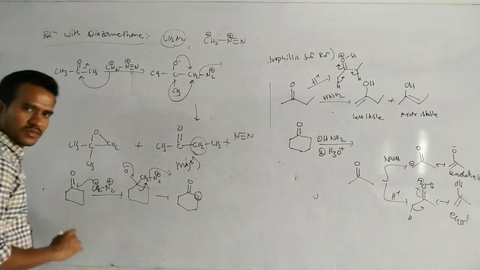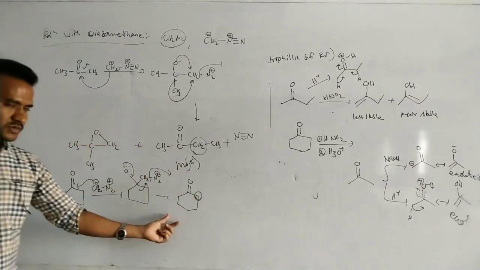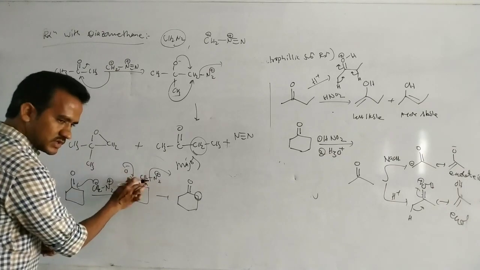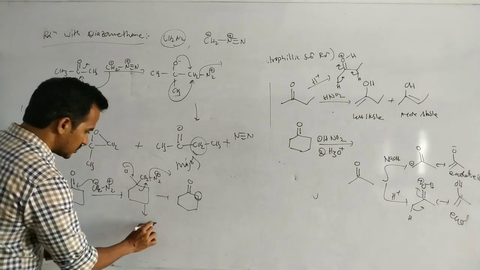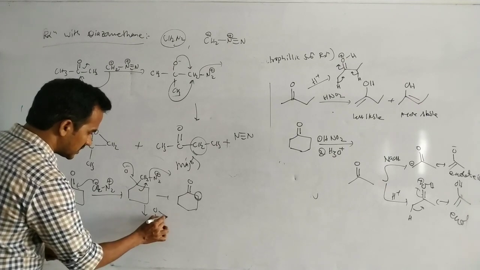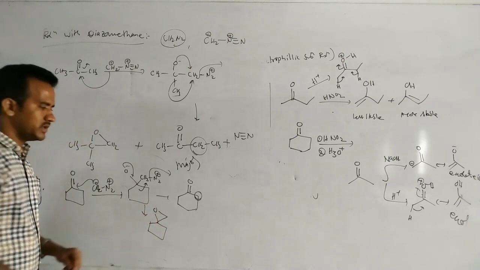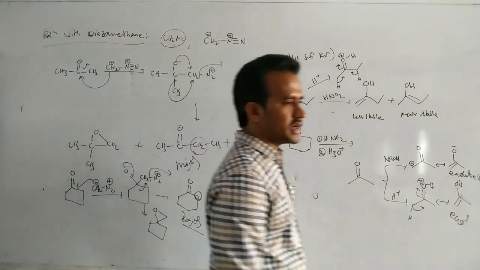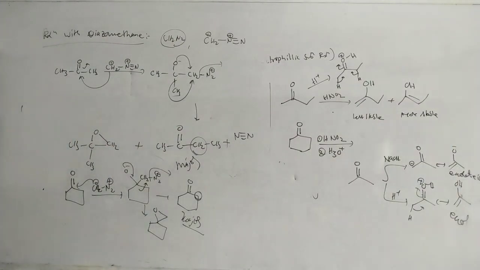This is the insertion of CH2. Here a 5-membered ring is converted to a 6-membered ring. Or this O minus can form the bond with CH2, so the oxygen and CH2 are bonded. Between these two, the ring expansion is the major product. That is the reaction with diazomethane.